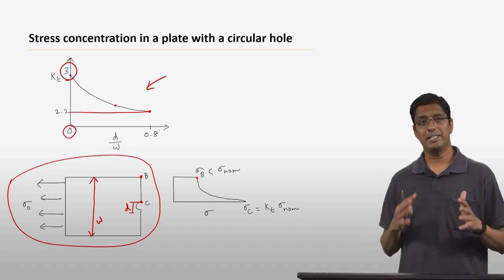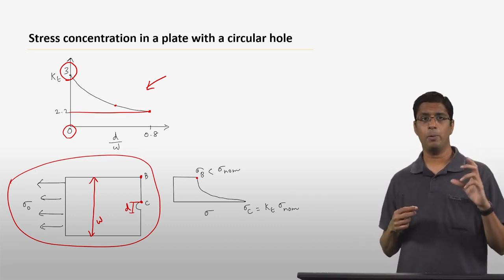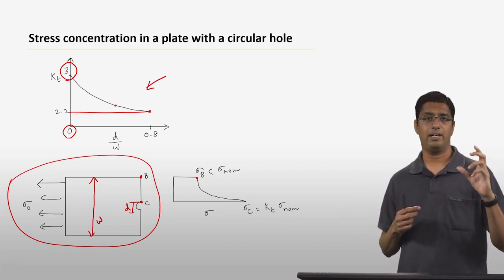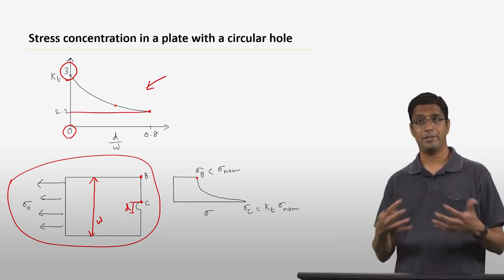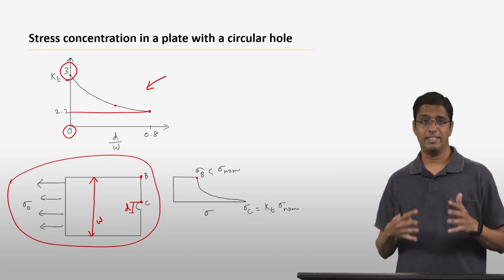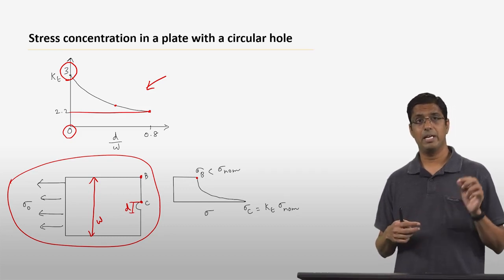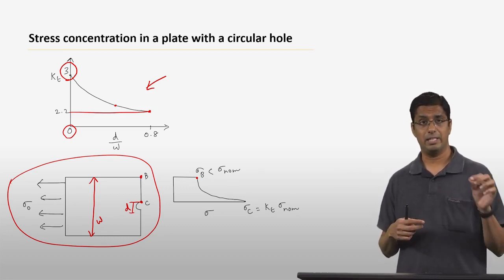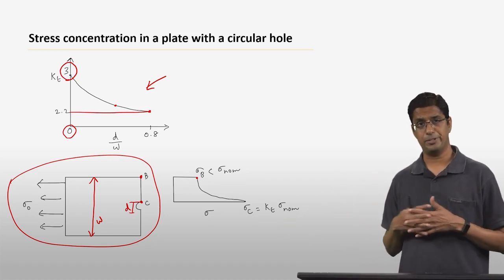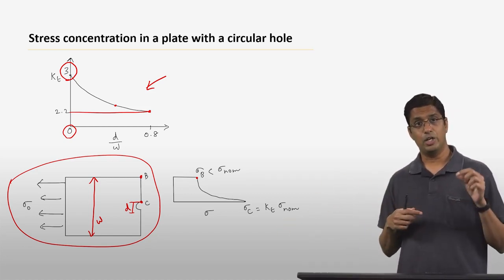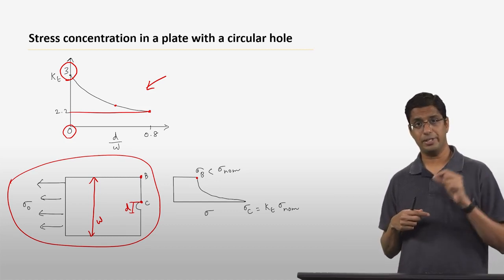Now you might think that if I have a larger hole, I have a smaller stress concentration. So am I better off having a larger hole compared to a smaller hole? That is not quite true, because your stress concentration factor is going down with the higher D over W ratio. On the other hand, your sigma nominal is also increasing.